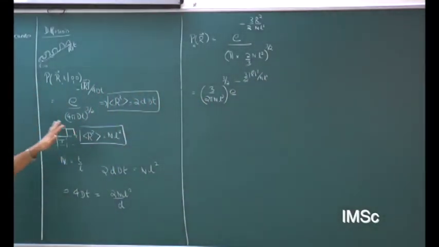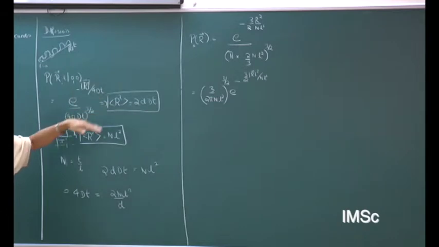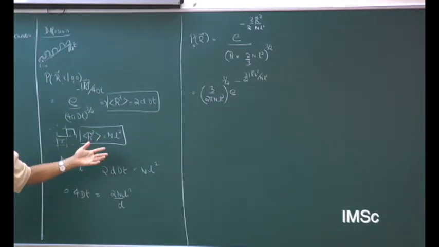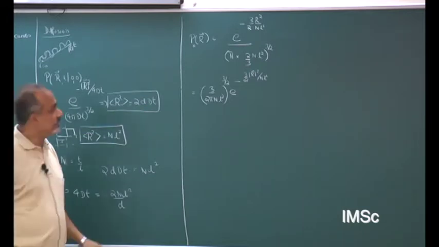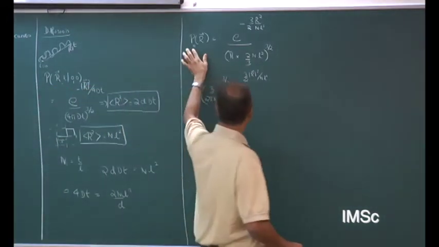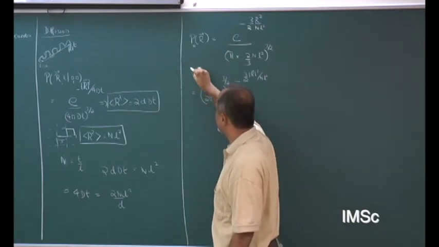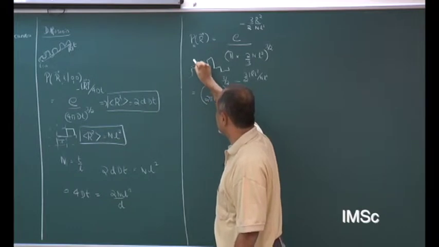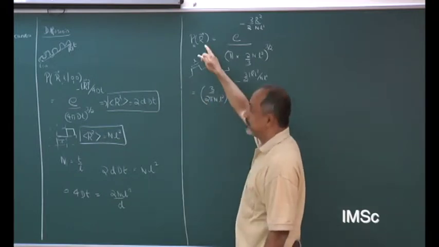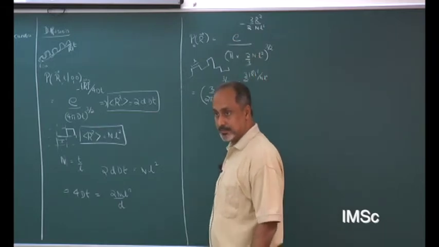So I have simply mapped what we did, a lot of hard work in deriving this particular result for the diffusion case. Now all of those results begin to pay off, because it's very easy for us to translate from one into the other. So this says that the probability distribution for a polymer made up of n monomeric units, each with length L, as a function of the end-to-end distance, is just given by this particular relationship.